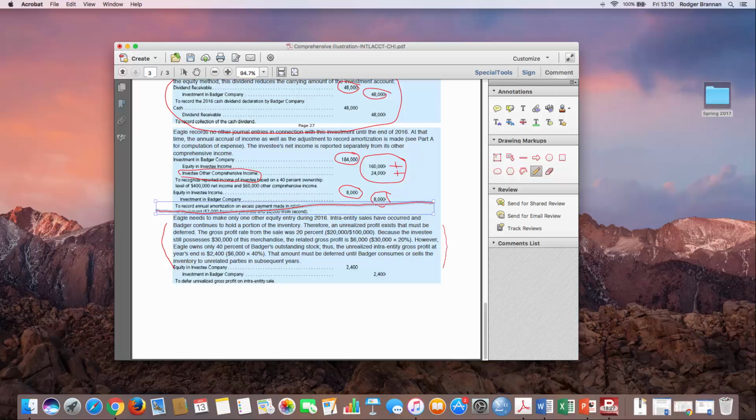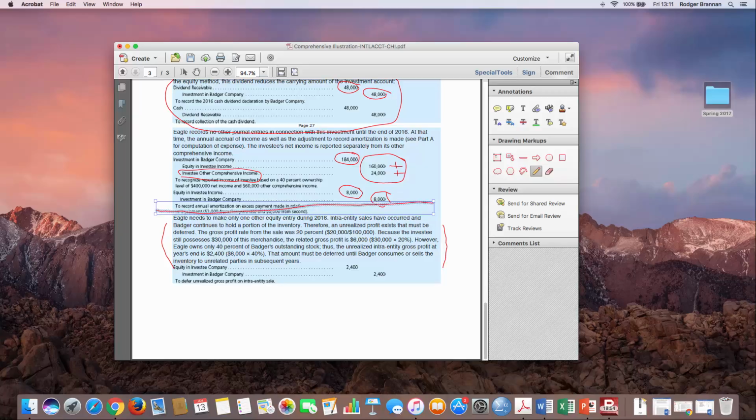Now, before we get into specifics of calculation, the general rule under the equity method and consolidation is that you must eliminate all intercompany transactions. Essentially, the transfer of inventory really is kind of irrelevant, because from Eagle's point of view, you're just transferring it from one department to another. Now, Eagle would be allowed to recognize all of that income if Badger has sold all of it.